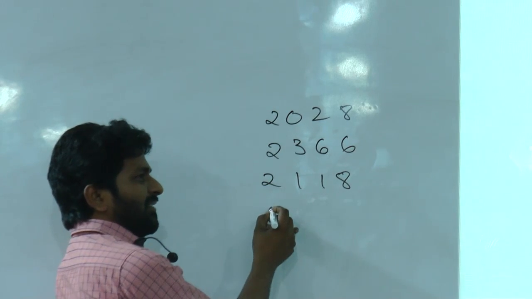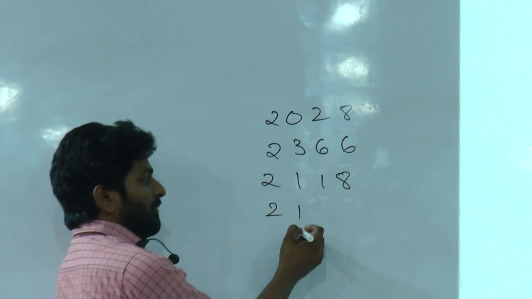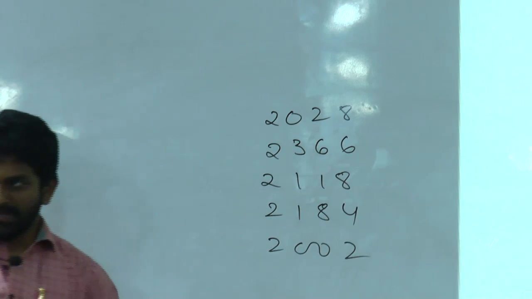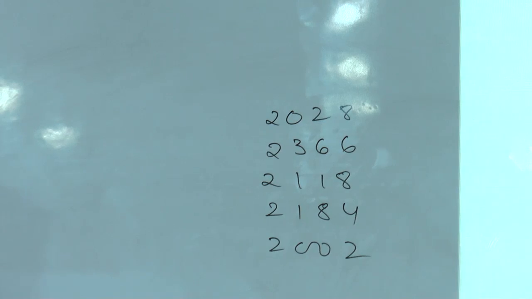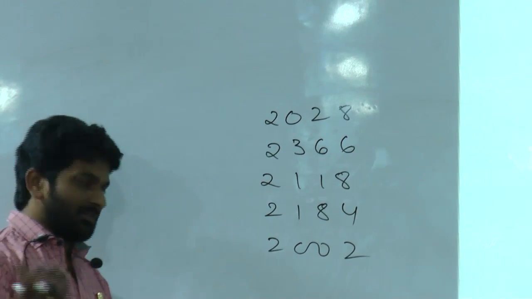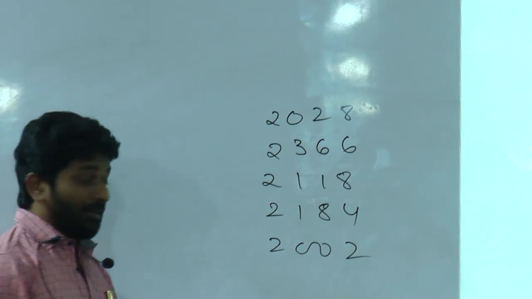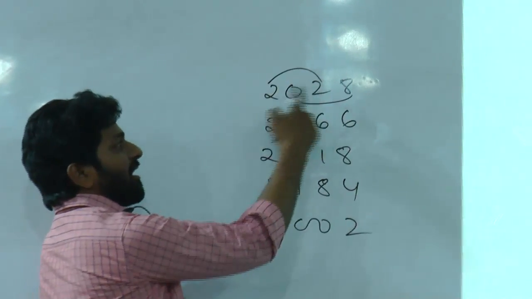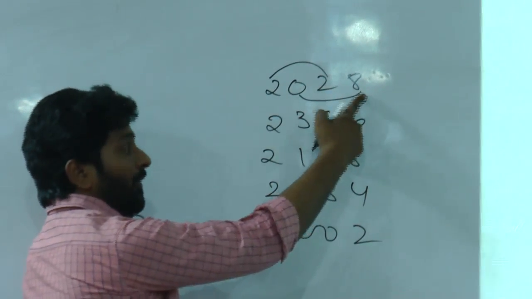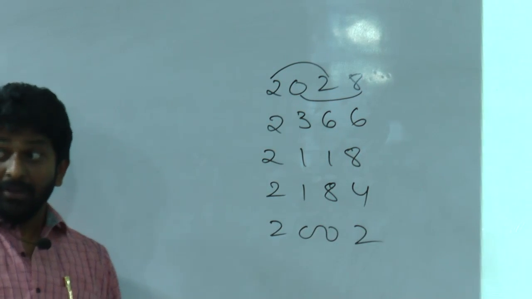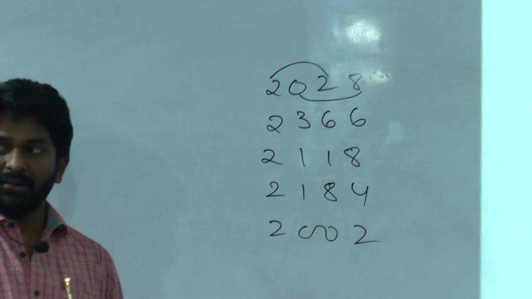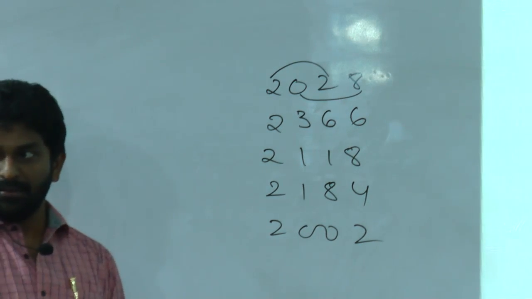Next. 2002. Right. Let's say these are your numbers. If a number is divisible by 11 or not, take alternate numbers sum. How much is the first alternate sum? 4. And next? If the difference of the alternate sums is either 0 or a multiple of 11, the number is divisible by 11.